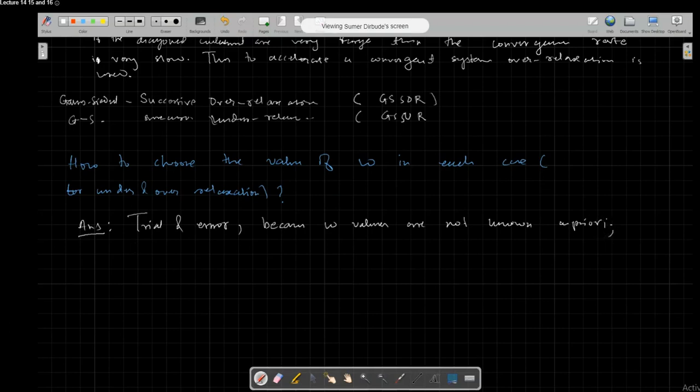They are problem dependent. Based on the problem, you have to see what omega value gives you acceleration or convergence. For convergence, you make under relaxation, and for acceleration, you use over relaxation.